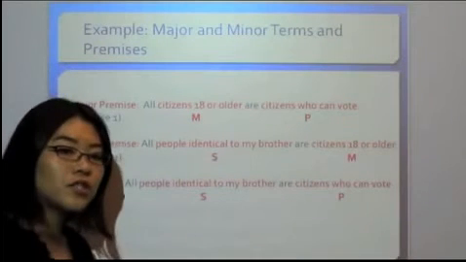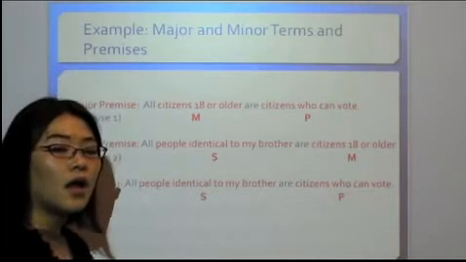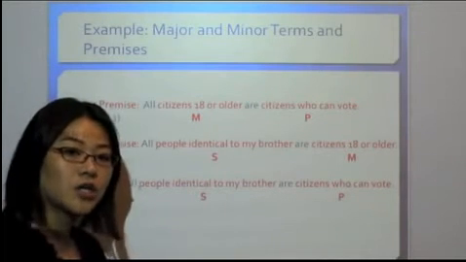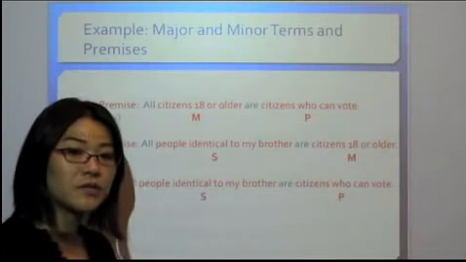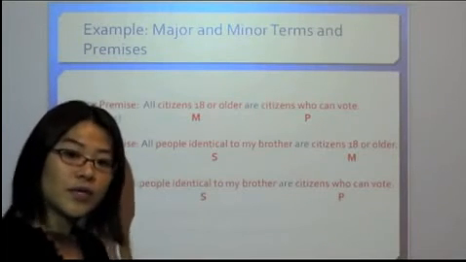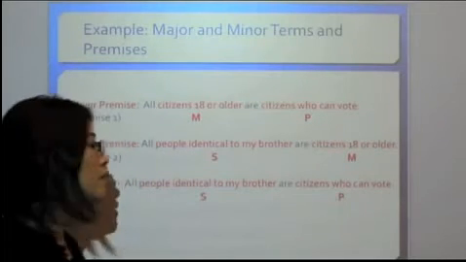So now what we want to do is identify the minor term of the argument, okay? And we're talking about terms of the argument, not terms of the statement, okay? So statements have predicate terms and subject terms. The argument as a syllogism has a major term, a minor term, and a middle term, okay?